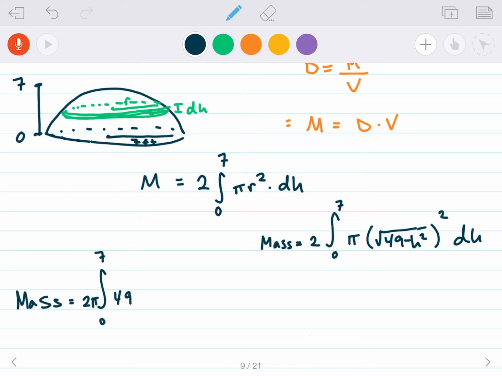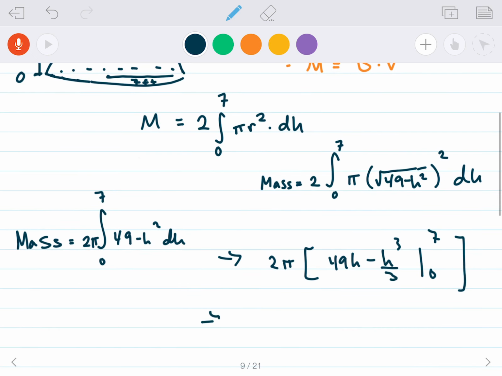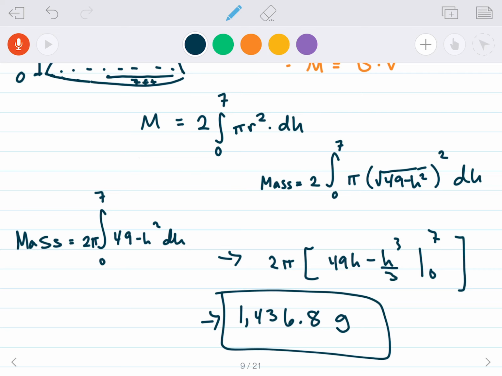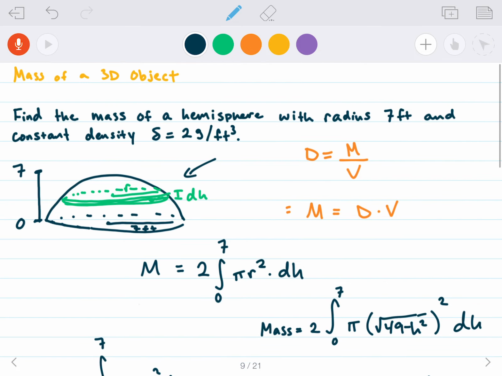Then I have 49 minus h squared dh. Integrating this with respect to h, I get 2 pi on the outside, 49h minus h cubed over 3, going from 0 to 7. When I plug in 7 for h, I get 1,436.8 grams. So that is going to be the mass of this hemisphere, and it has constant density.